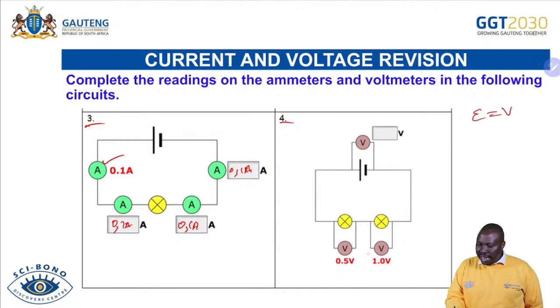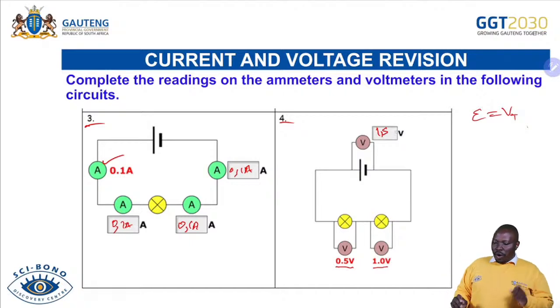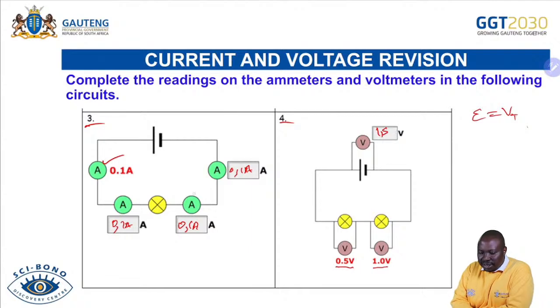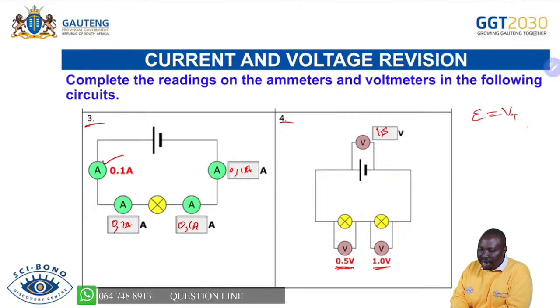And that will mean that when you add this 0.5 and 1.0, you'll get the total potential difference, which is the same as the EMF, which is 1.5 volts. So you can see when the resistors are in series, the current remains the same, but they divide the potential difference amongst themselves. So you can see the 1.5 was divided into 0.5 and 1 volt.